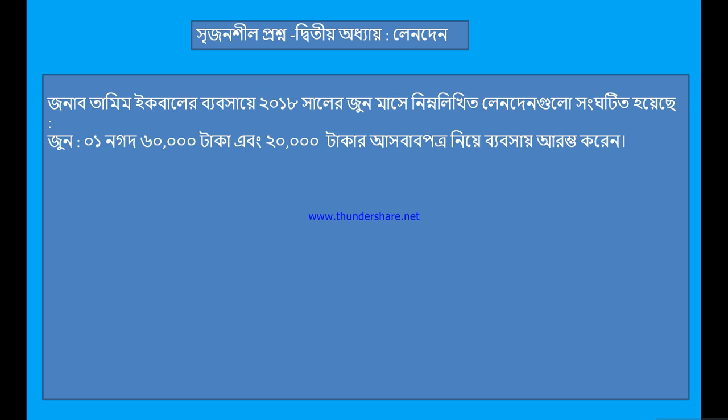So it is mentionable that cash has increased, furniture has increased side by side, 60 plus 20. How much amount? 80,000. Capital has also increased. Am I right? Assets have increased, capital has also increased.